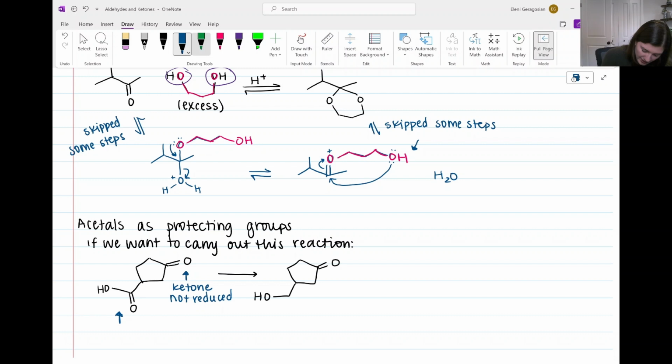But here we have a carboxylic acid and that has been reduced. If you see the difference between the two molecules, our carboxylic acid is now an alcohol. And that group has been reduced.